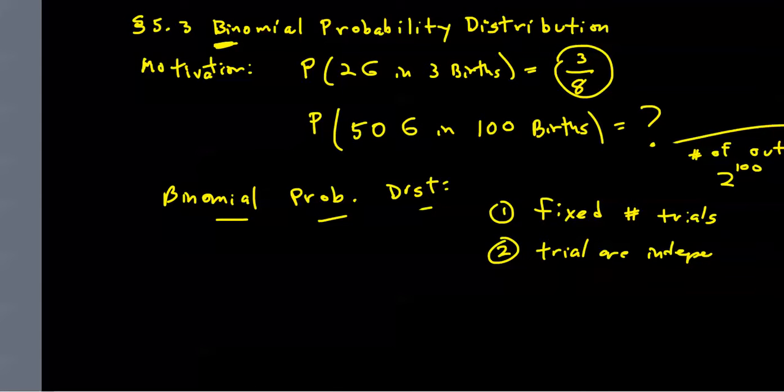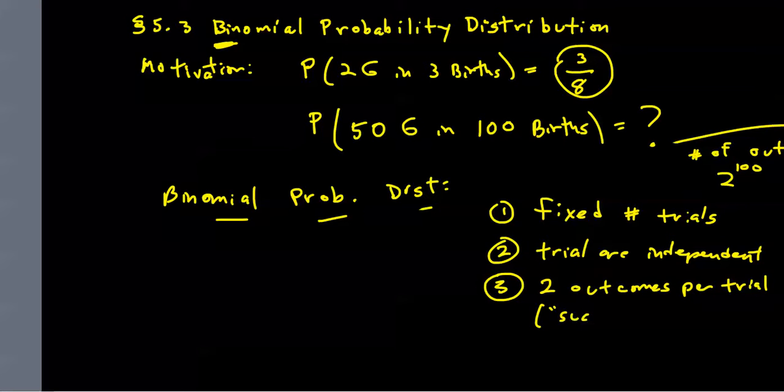In other words, the outcome of any one trial doesn't affect the probability of any other outcome in any other trial. Number 3, there are 2 outcomes per trial, labeled somewhat arbitrarily success or failure.